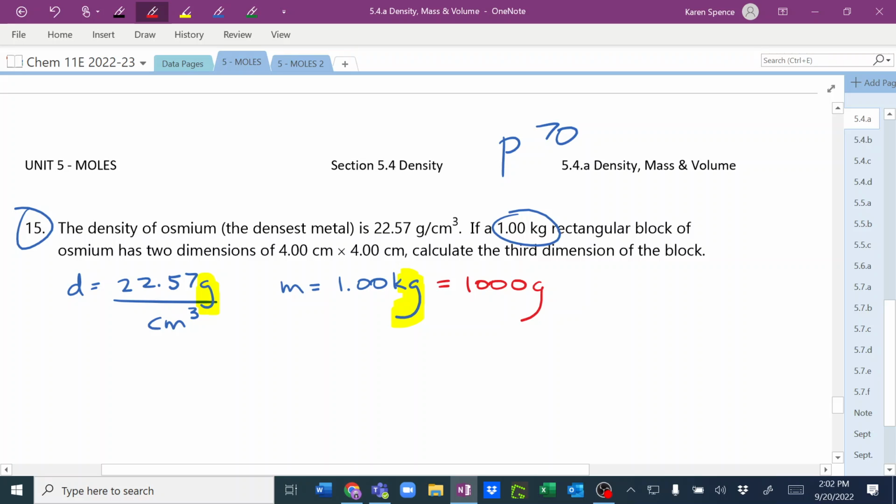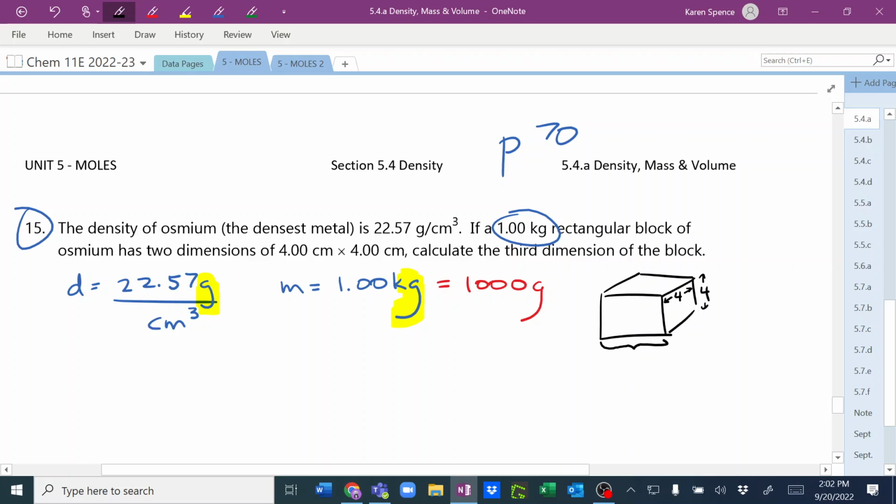And then we have a rectangular block of osmium. Two dimensions are 4 centimeters and 4 centimeters. So we're 4 centimeters here, we're 4 centimeters up and down, and we want to know how many centimeters that is.